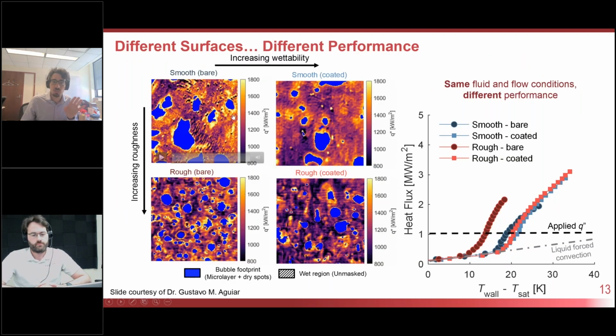Gustavo's work, when you see these smooth and bare surfaces, it should be chromium coated on the sapphire. So it's not really ITO, but it uses both chromium and ITO.